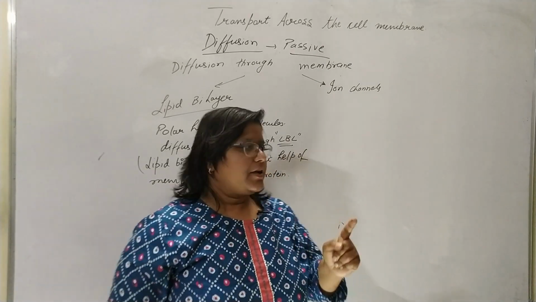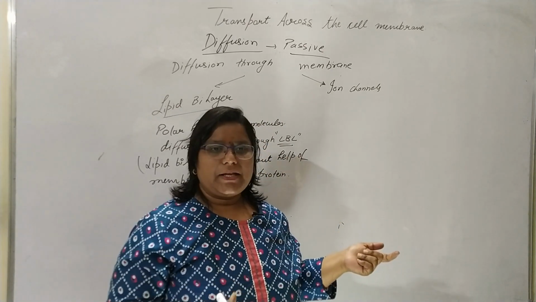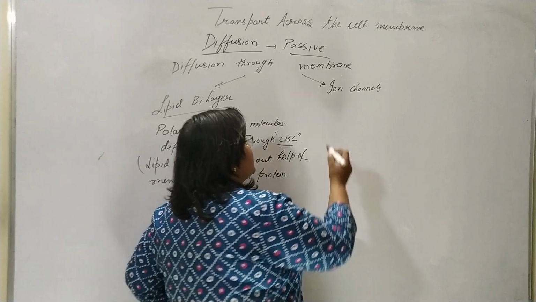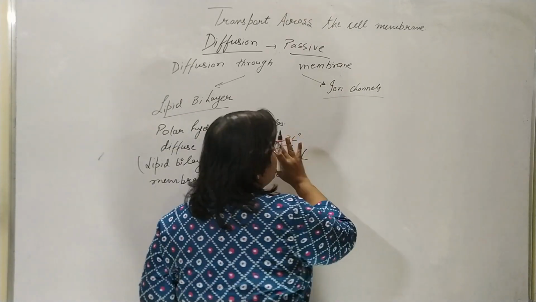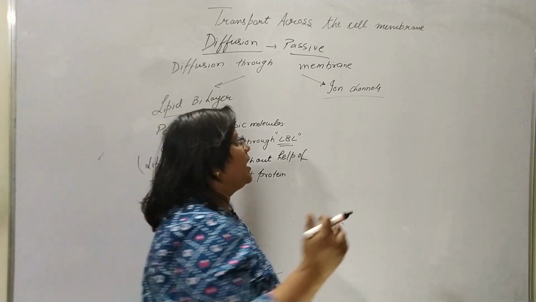Okay, so here in the first movement, polar hydrophobic molecules easily move through the lipid bilayer, and if the substances are not polar hydrophobic in nature, they are of the other kind of nature, they will move through the ion channels.